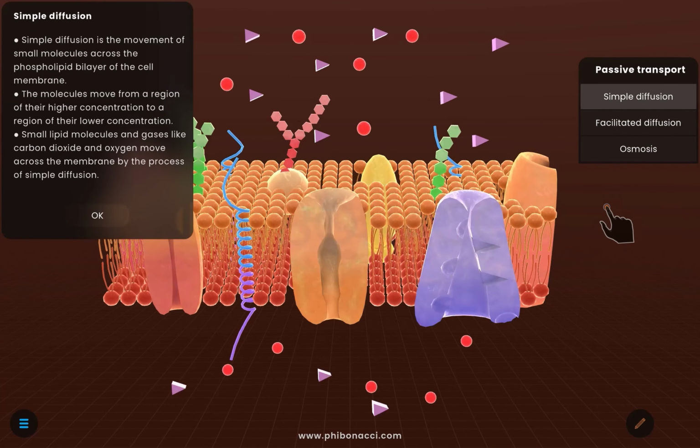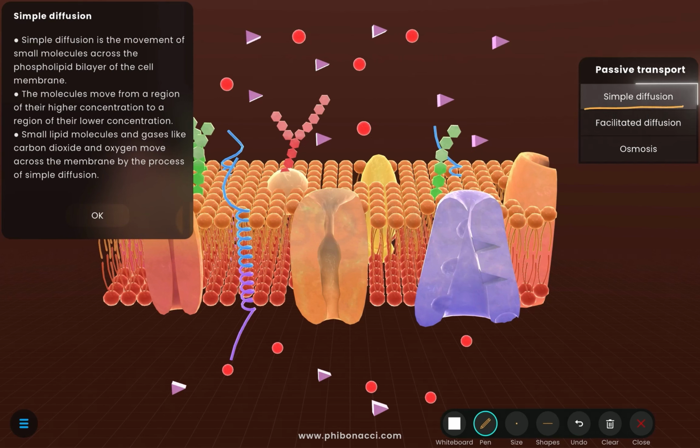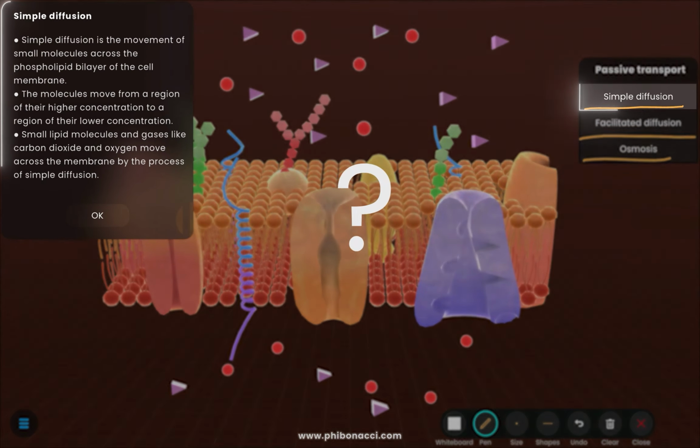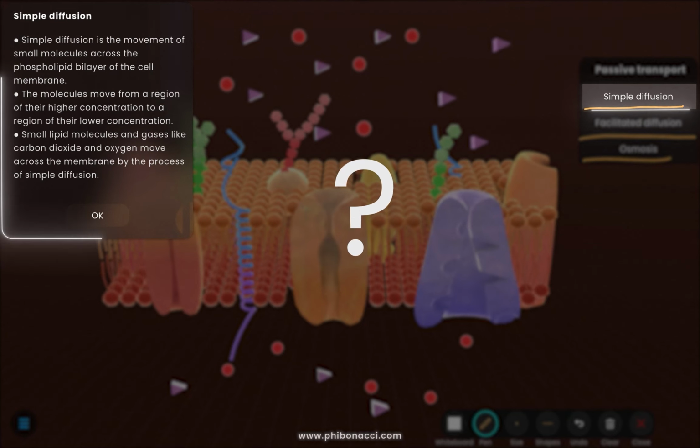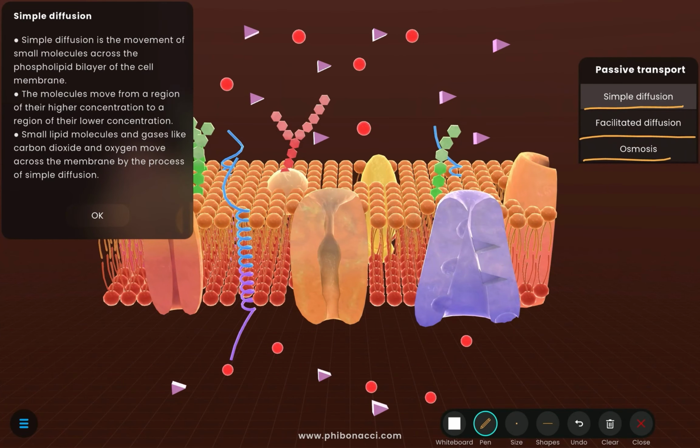Okay, now there are three types of passive transport that happen through the cell membrane: simple diffusion, facilitated diffusion and osmosis. Now what does simple diffusion mean? Simple diffusion means the transport of molecules from a region of their higher concentration to a region of their lower concentration, just across the membrane.